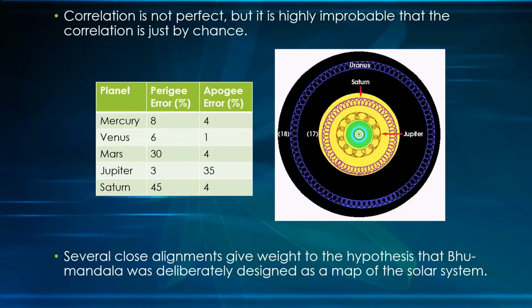And as I said, Sariputta Prabhu also looked at how improbable this is. What he found is that there are several close alignments that actually give weight to the hypothesis that Bhu-Mandala may have been deliberately designed as a map of the solar system.